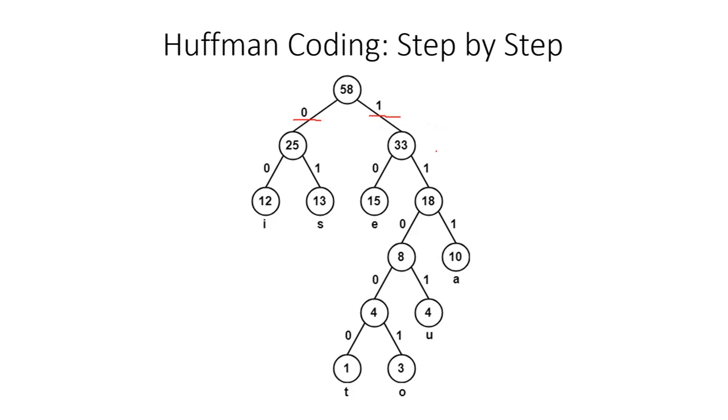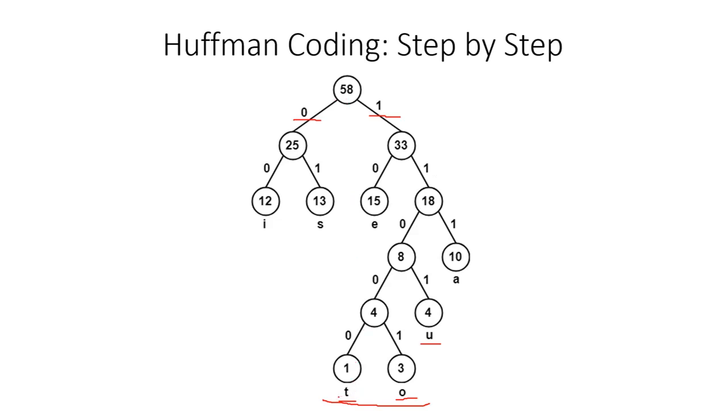We repeat it until the end of our tree. And in the end, each character gets the value that is in the path to that character starting from the root.